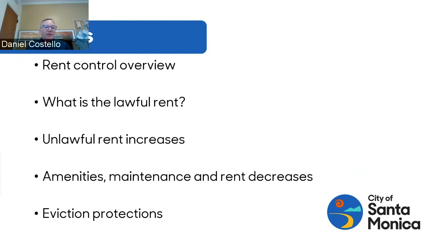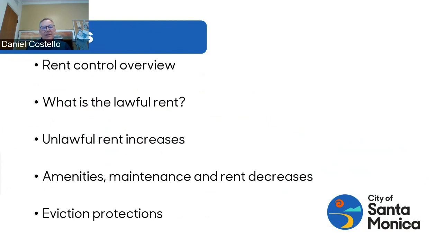After we talk about the rents and what's okay and what's not okay, we'll talk about the amenities and the maintenance that's required for rent-controlled units, and something called rent decreases, or really an administrative remedy that you as a tenant can avail yourself of if the property owner takes away an amenity that belongs to your unit or doesn't do the maintenance that's required.